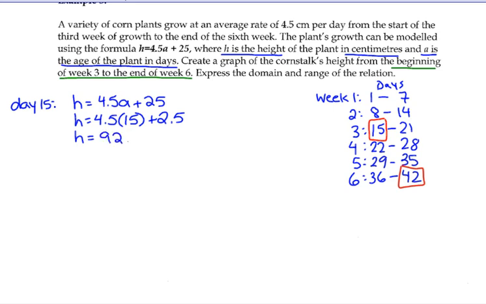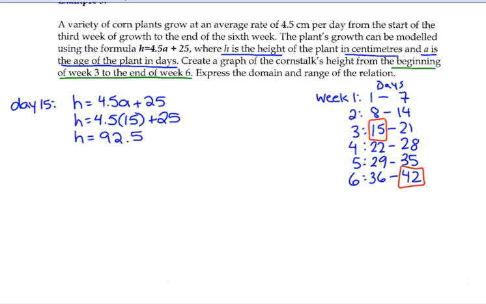Add the 25 to that, right? Add the 25. So it's total height. You have to include the initial amount as well because we want its total height on day 15. So on day 15, his height is 92.5 centimeters.